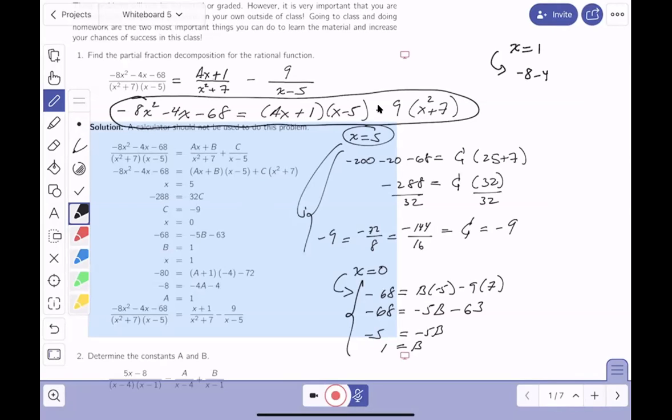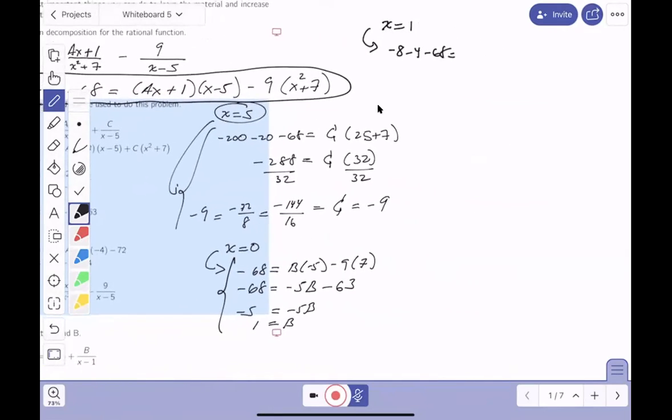minus 4, minus 68 equals, I moved over a little bit. I said it's 1, so it's going to be a plus 1 minus 4. Again, I said x is 1, minus 9, and that would be 1 plus 7, right? Let's do arithmetic. And what do you get? Let's see, minus 12, minus 80.